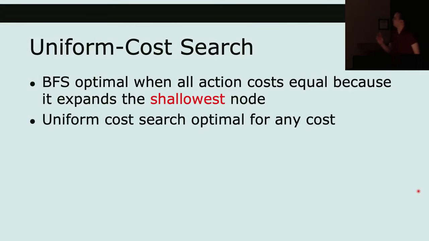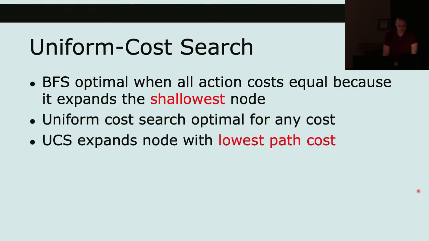Uniform cost search is going to be the first algorithm that we look at that's optimal no matter what the costs are. And the reason is it's going to look through the fringe and expand the node that has the lowest path cost. So we go through every node that we've generated. Instead of just taking the one that we put into the fringe in the queue, we're going to look through the whole thing and find the one with the lowest path cost.